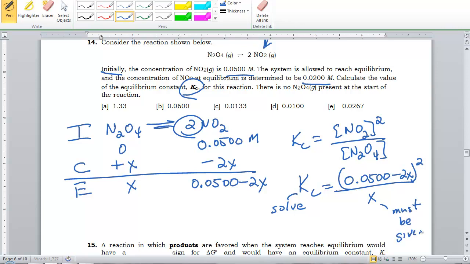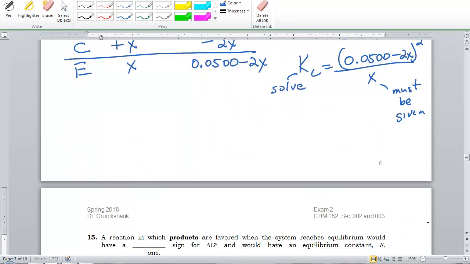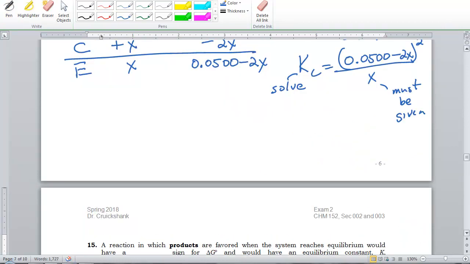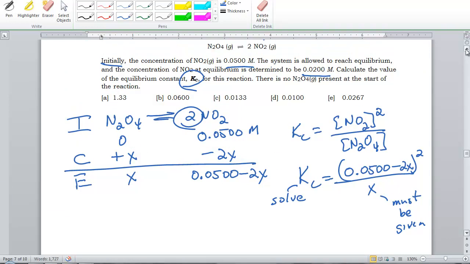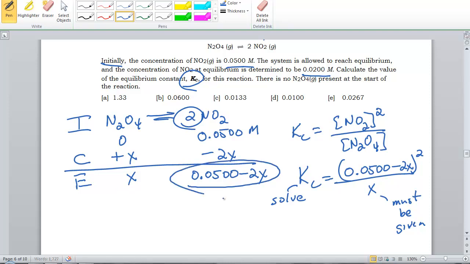Now, sometimes it's given directly, and I could have made this problem easier by giving the equilibrium concentration of N2O4, because that one in our table is X. But I did not do that in this problem. And students didn't like this one very much, as I remember from last semester, because I gave the equilibrium concentration of NO2, which in our table is 0.05 minus 2x. Don't let that bother you.